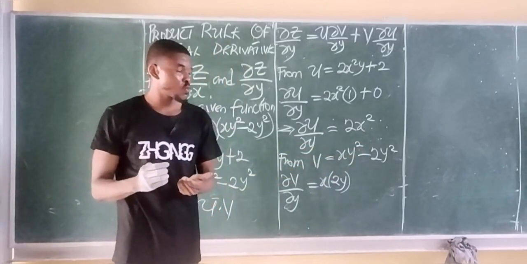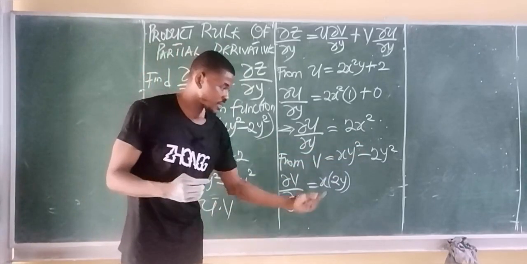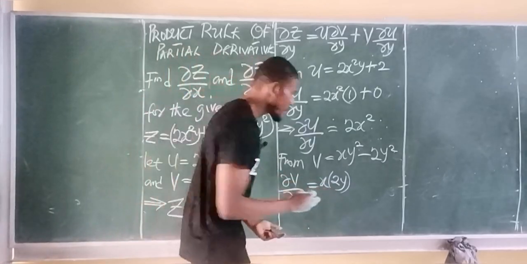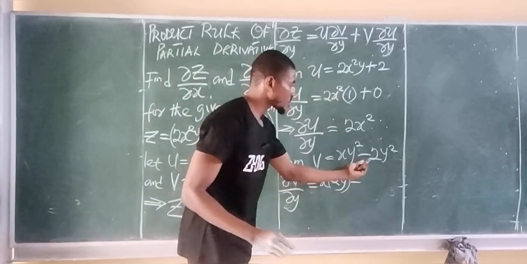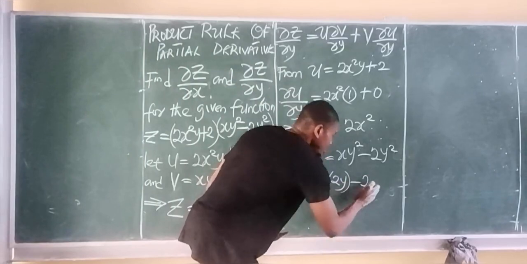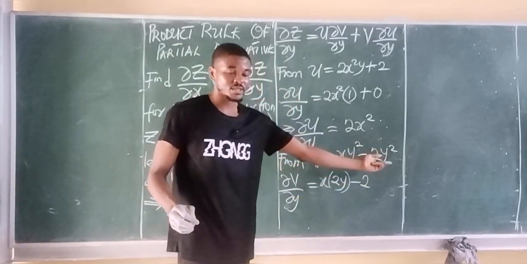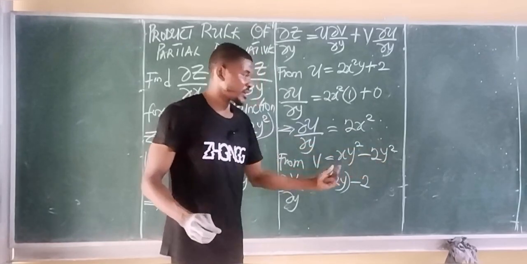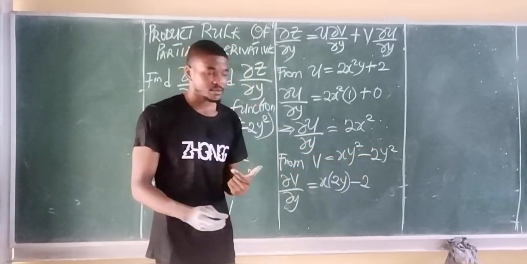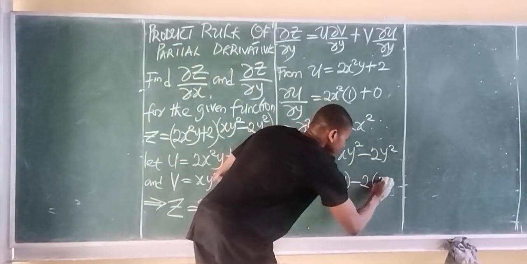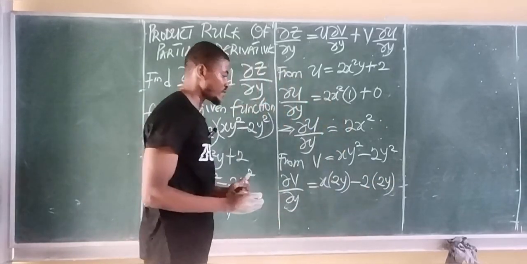That simply gives me 2y to the power of 1, which is 2y. Minus, here as well, 2 is a constant, so keep it out. But this 2 is attached to y squared, so I need to differentiate y squared. If I differentiate y squared, just like here, I will also have 2y. So this becomes times 2y.